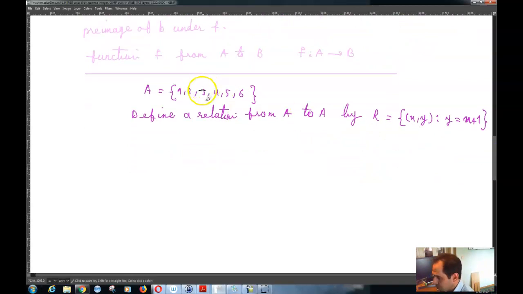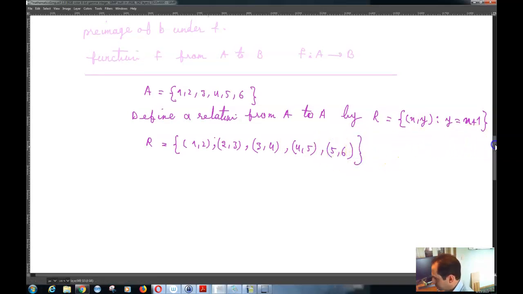If you do so, your R would be a set like this: (1, 2), (2, 3), (3, 4), (4, 5), and (5, 6).